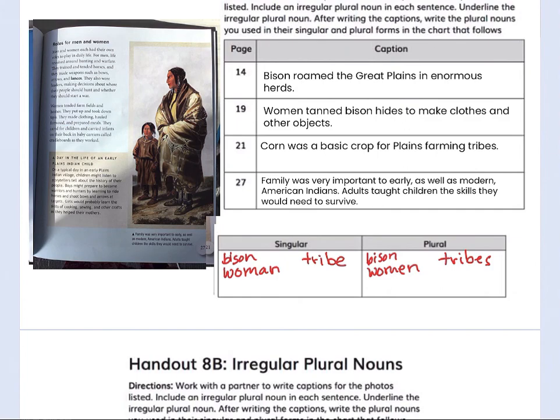Family was very important to early as well as modern American Indians. Adults taught children the skills they would need to survive. So on this one, our plural noun is children. Children, many children, one what? What's the singular of children? Yes, it's child. Many children, one child. Again, pause the video if you need more time to write down the caption for page 27.